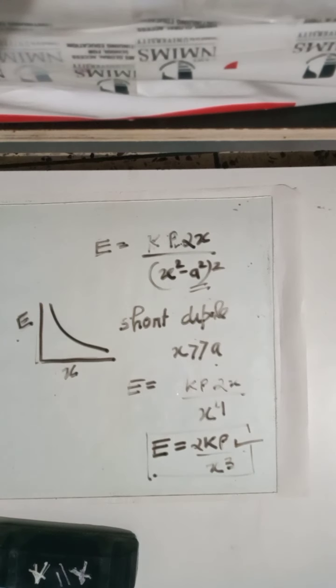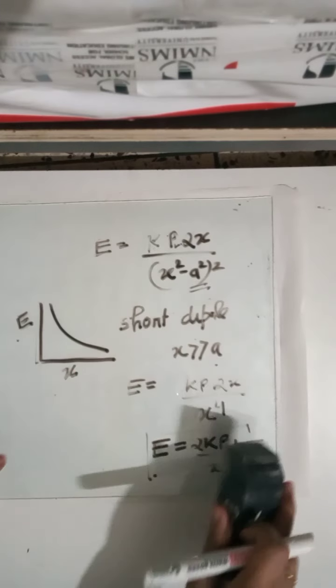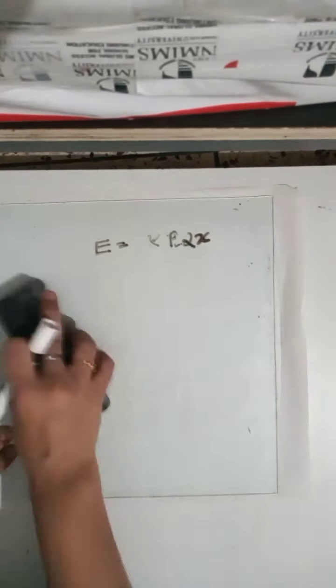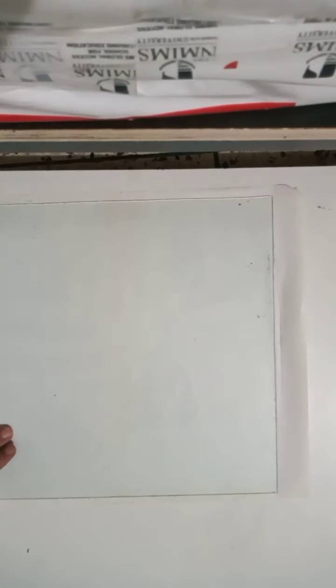E means electric field, and x is the distance of the point from the center of the electric dipole lying on the axial line. Now another application of it is the value of the electric field at a point on the equatorial line.